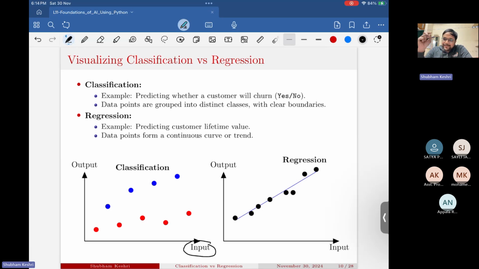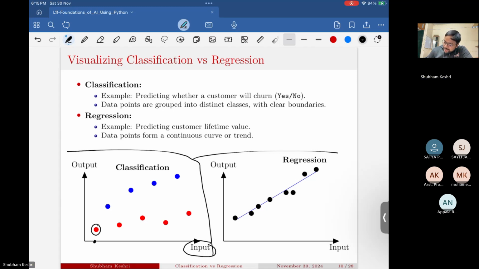But for this case, suppose the input has only one feature, and this is for a different data set. First we'll see classification. When this was the input, then the classification labeled it as red.